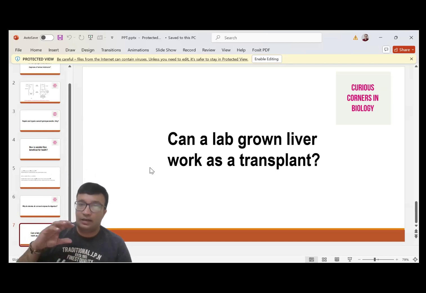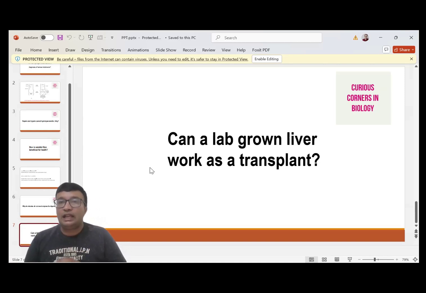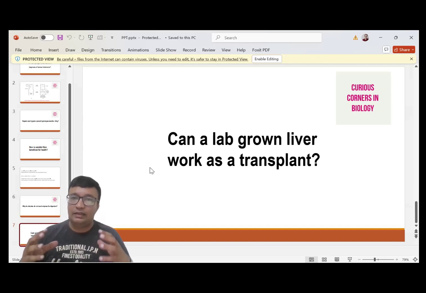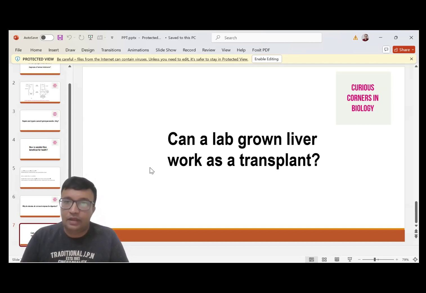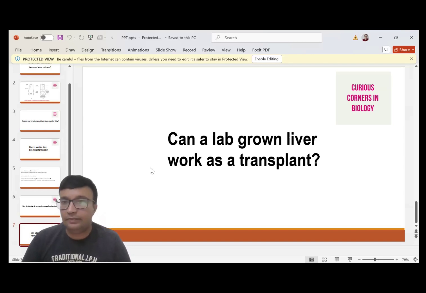Now, these are, as I mentioned, not fully differentiated, full size organs, no, but they are simply a system of bile ducts and blood sinuses, but they are very small in size. So, do they have any application in medicine? Yes.